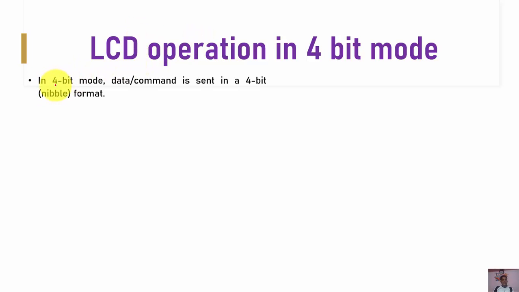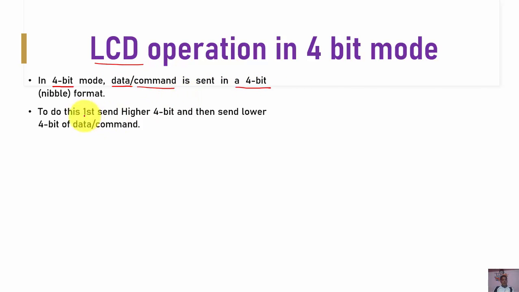As the name suggests, in 4-bit mode, whatever data or command is given to the LCD is sent in 4 bits only, that means in a 4-bit format. To do this, first send the higher 4 bits of your data or command and then send the lower 4 bits of the data or command.